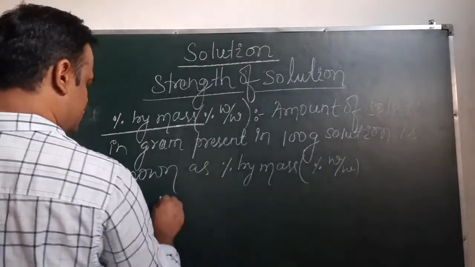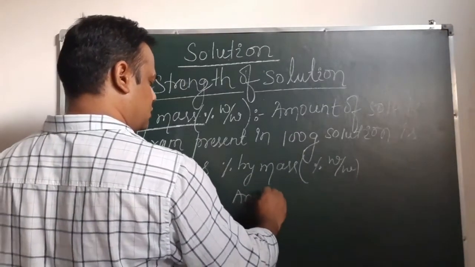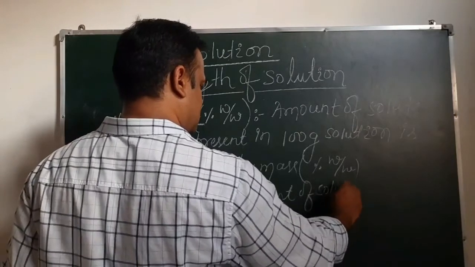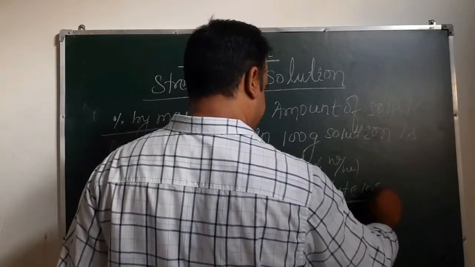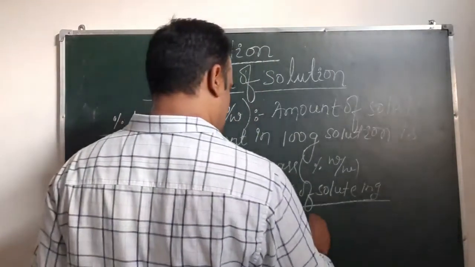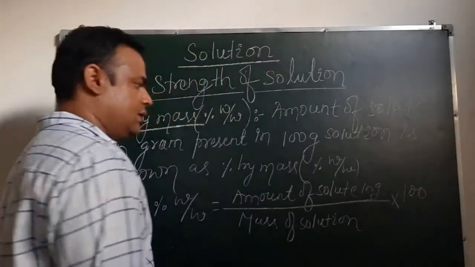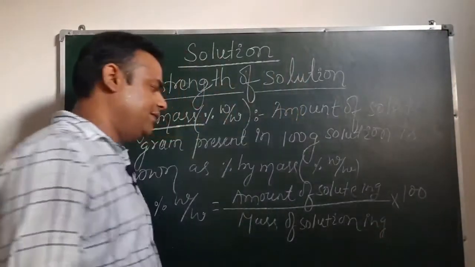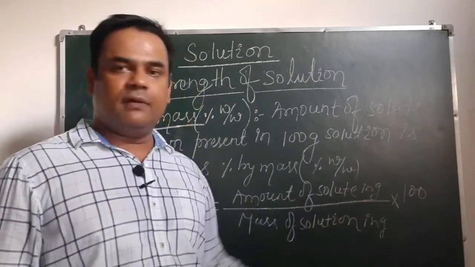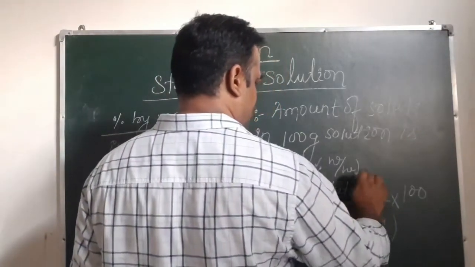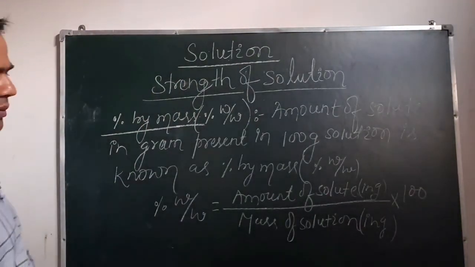To apply the formula, percent mass by mass will be amount of solute in gram divided by mass of solution in gram, and then multiplied by 100. Here the unit is not going to affect because the unit will cancel out. Whatever unit you take, that unit will cancel out.